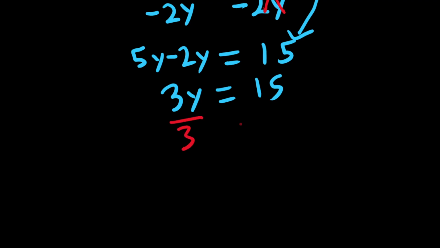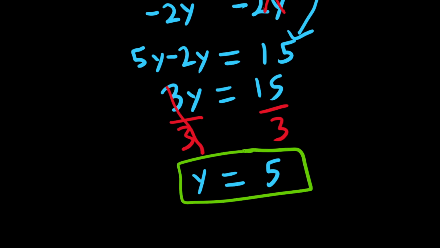Divided by 3, divided by 3. And this 3 will cancel out. And we're left with y equals 15 divided by 3, which evaluates to 5. So that is how we solve this equation for y equals 5.